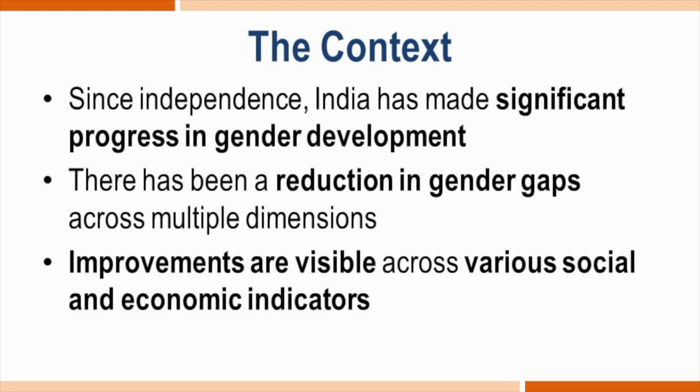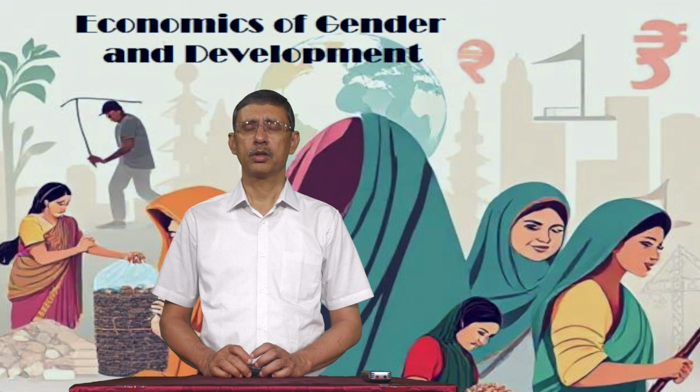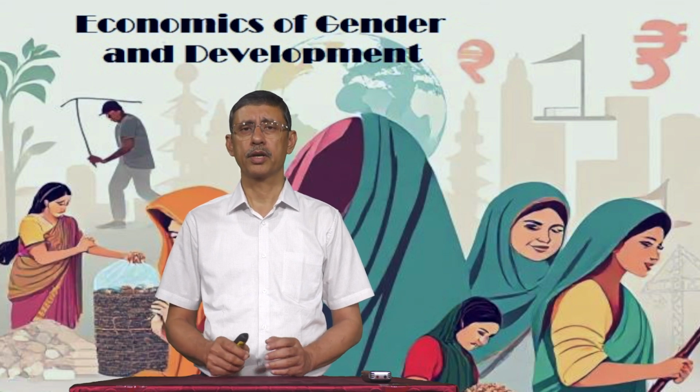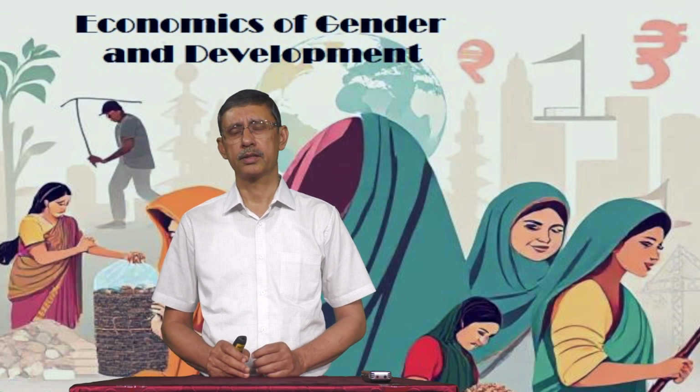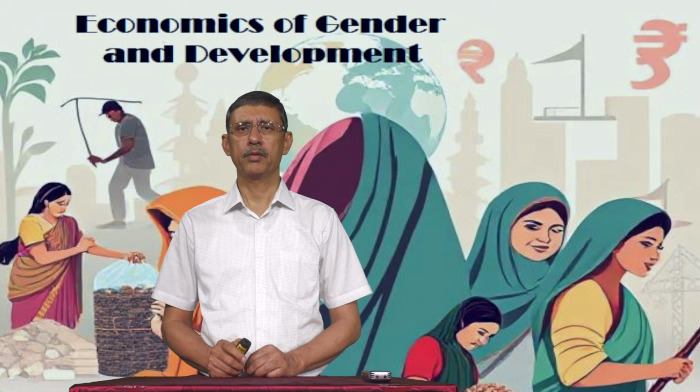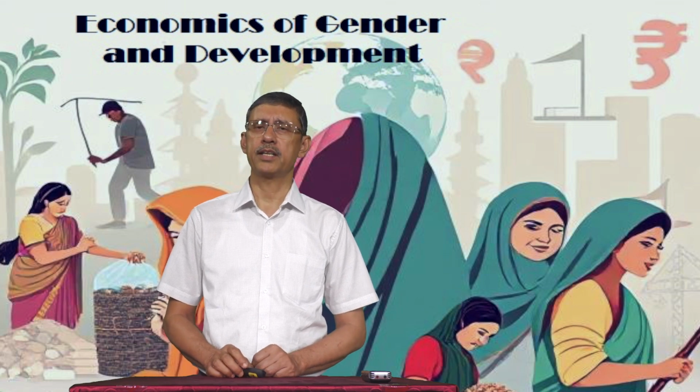At the same time, we will also observe that there has been a reduction in the gaps between achievements between the genders, that is, the indicators for male and female. So therefore, we need to understand how this progress in gender development has taken shape since independence in our country. Let me give you a few quick examples.